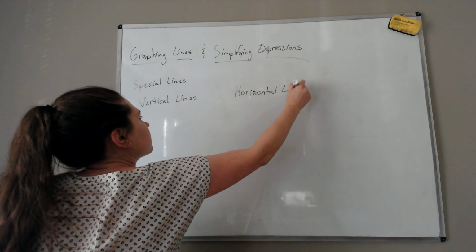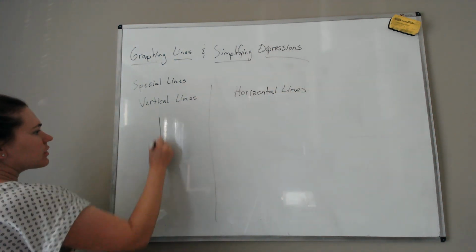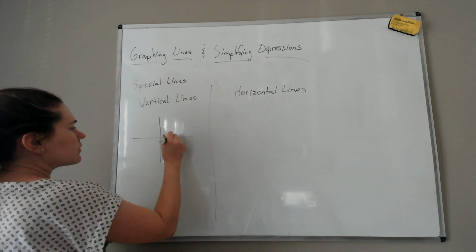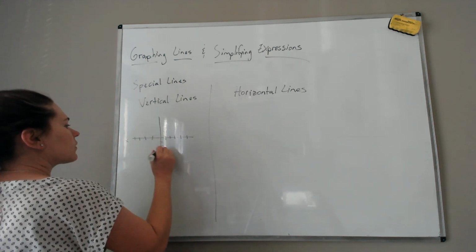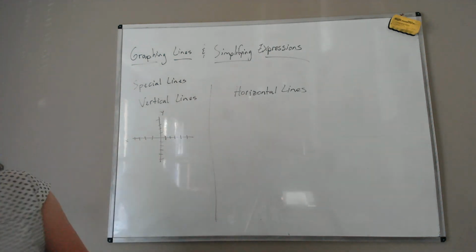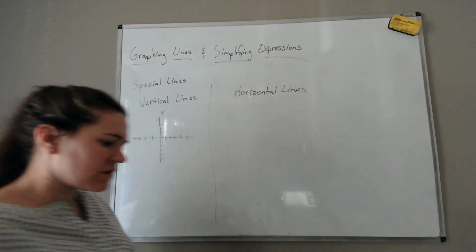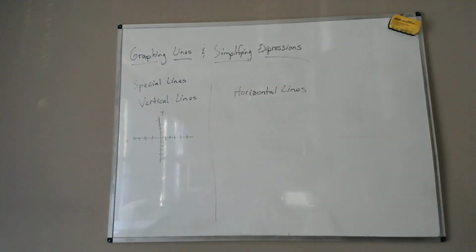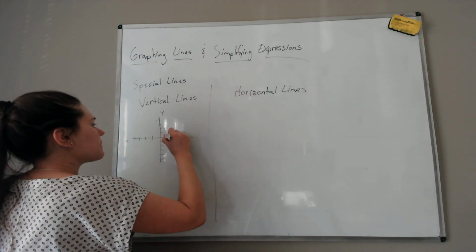So when you have vertical lines, an example of a vertical line would be, I'll draw it in a different color. I will put it in red. This vertical line right here.